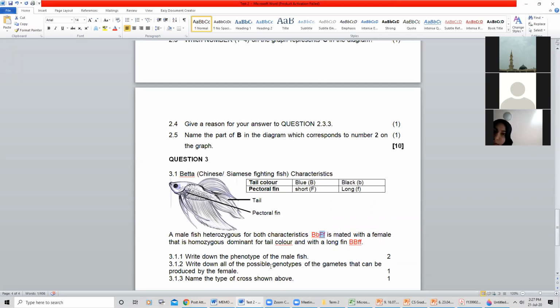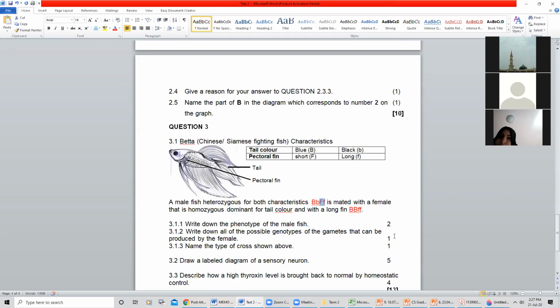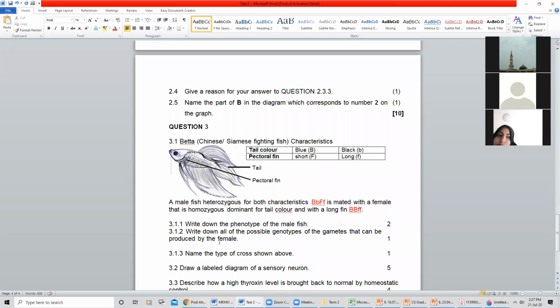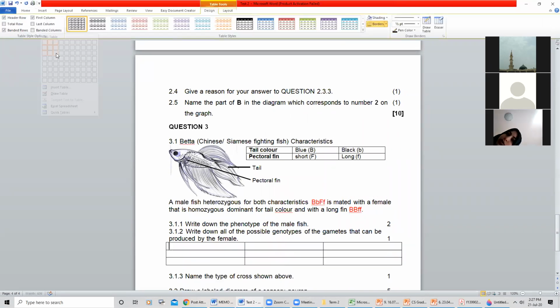Then write down all of the possible genotypes of the gametes that can be produced by the female. Now we said the easiest way to do this would be to make a Punnett square. And then you take the B's and put them on one side, and then you put the other letter on the other side, and then you join them up to get your gametes, right?